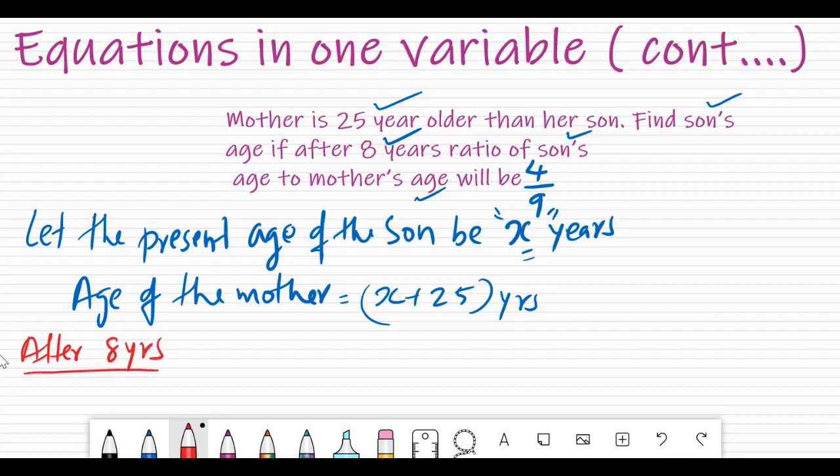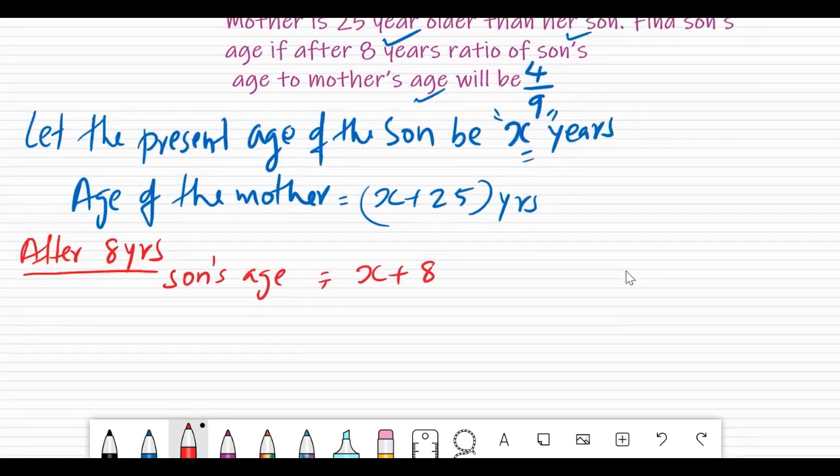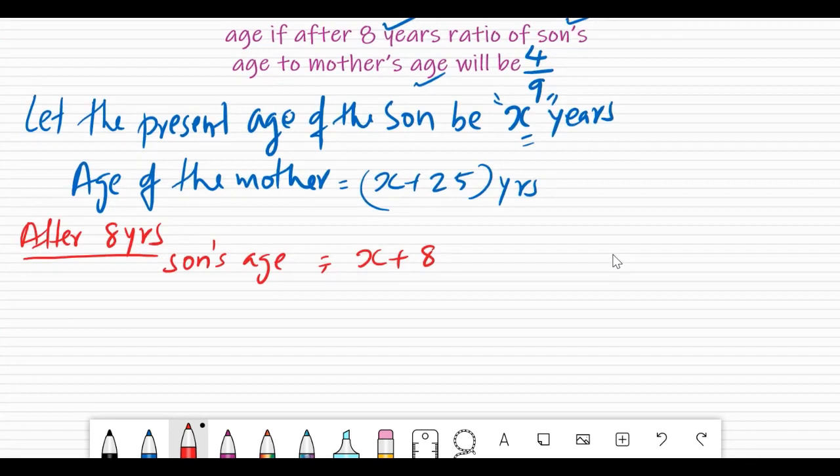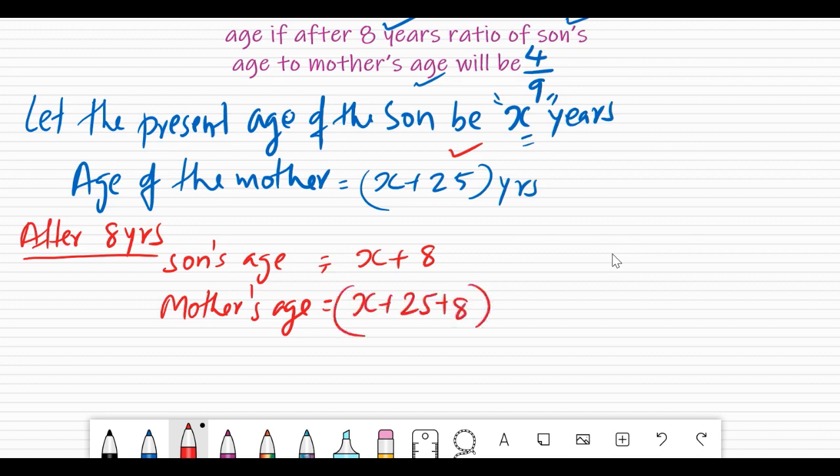If present it is x, it will be x plus 8, no doubt about it. Now the same way mother also will become 8 years older, so we will write mother's age. At present mother's age is x plus 25. We have to add another 8 years, this will be mother's age.